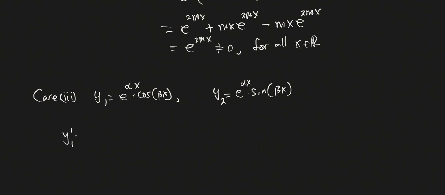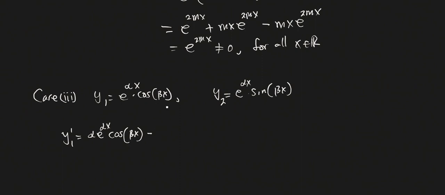So y1 prime is alpha e to the alpha x cosine of beta x, and then minus beta e to the alpha x sine of beta x.